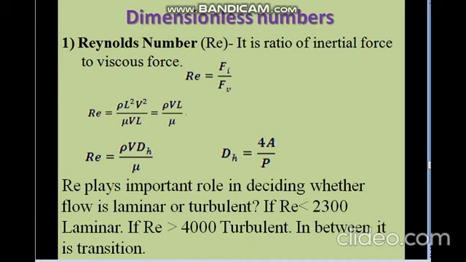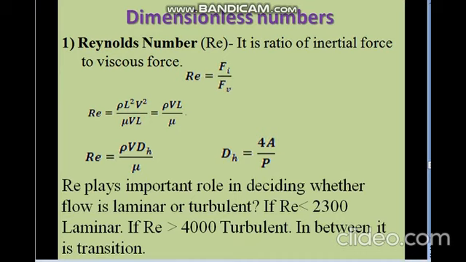Write down Fi, the inertial force, rho L square V square, divided by the viscous force mu V L. So Reynolds number will be rho V L by mu. L is the length scale.